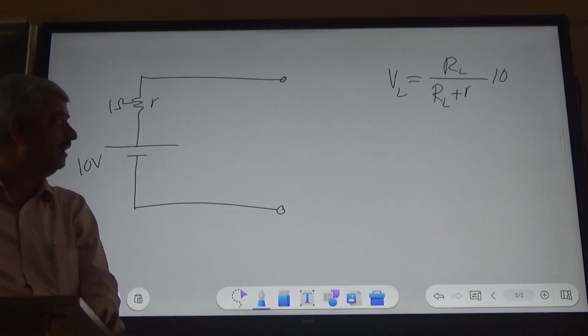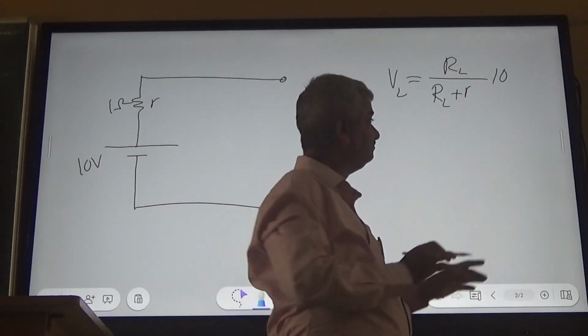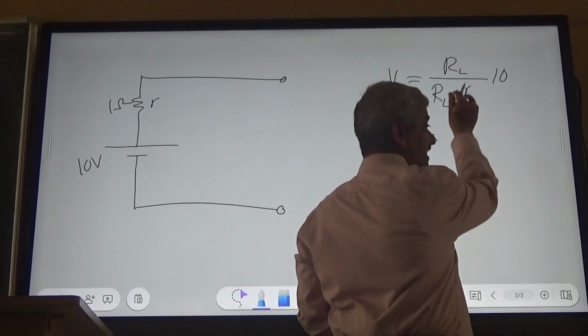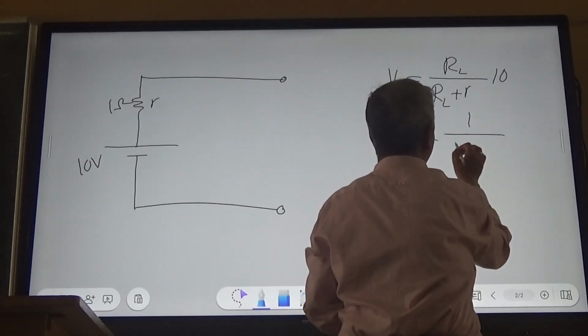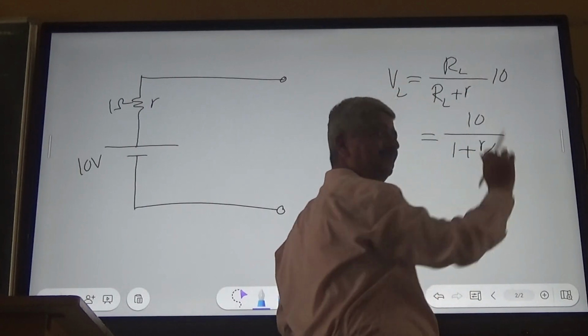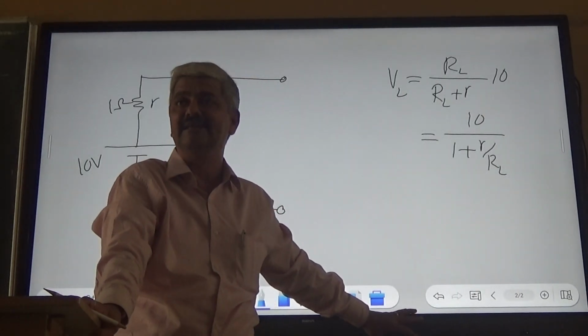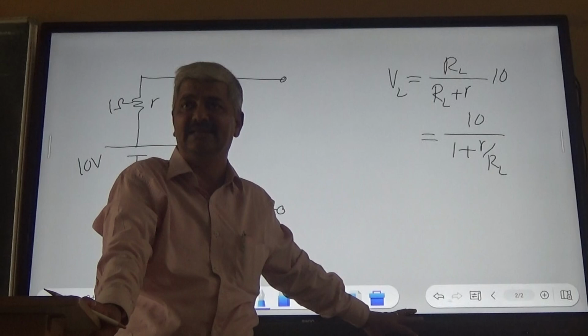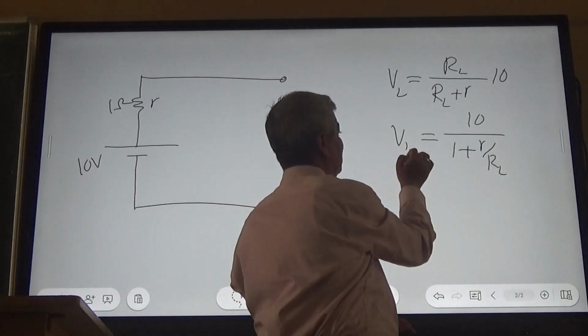So as RL reduces, what will happen? By dividing RL in the numerator and denominator, we get 1 upon 1 plus R by RL, into 10, right? So RL infinity means open circuit. What would be VL? 10.